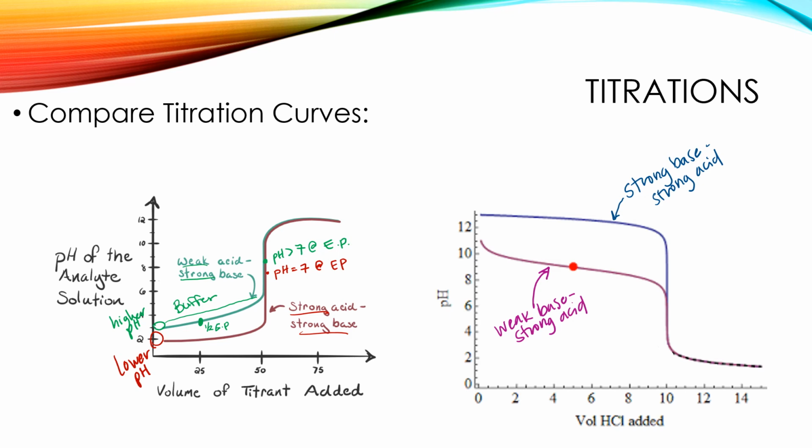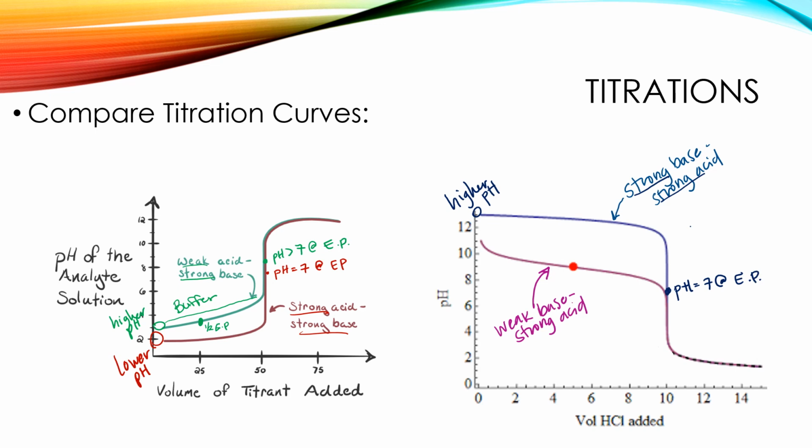Now we can make the same comparisons over here. For the strong base, strong acid, we start at a higher pH because it's a strong base. We have this stark shift, and then we've got our pH equal to 7 at the equivalence point.